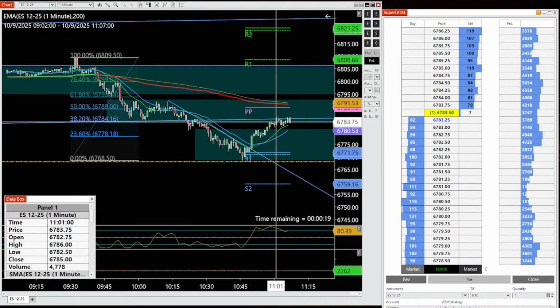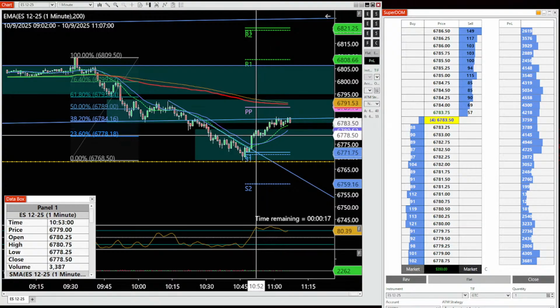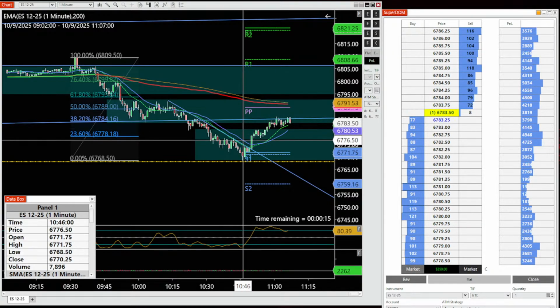So we're going here, the high is 86, the low is 68, 18 points. So 86 plus 18 is 6801.